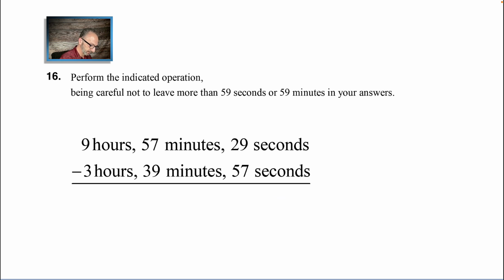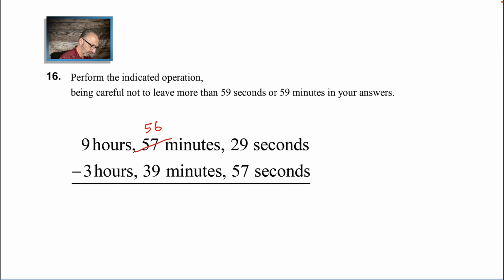All right. So to get started, we can't subtract 29 minus 57. But we can do what? Go and borrow 1 minute from 57 minutes. That becomes 56 minutes. Now adding 1 minute to 29 minutes, but 1 minute is 60 seconds.